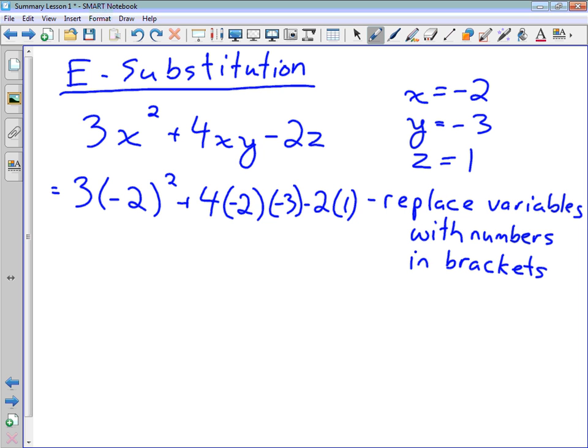Then I want to evaluate this thing. And here's another connection I could be making here when I evaluate. Here's my connection. I'm going to use order of operations from the previous unit. So I'm going to do my exponent first.